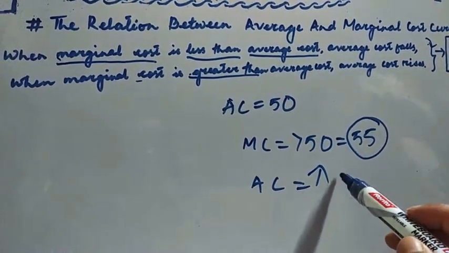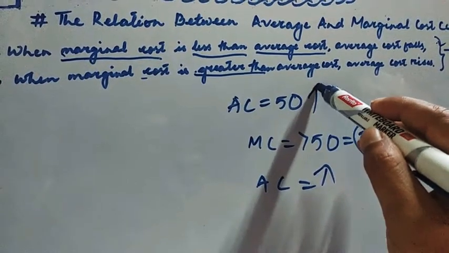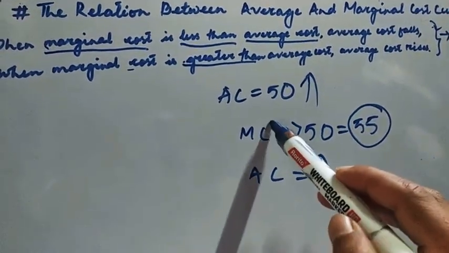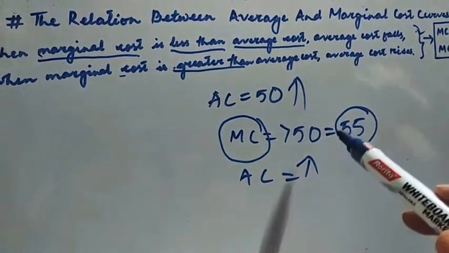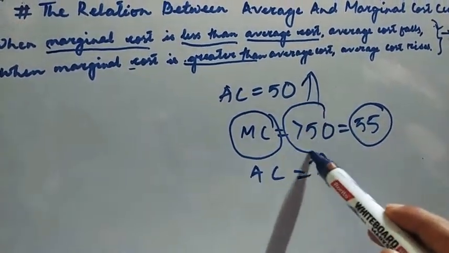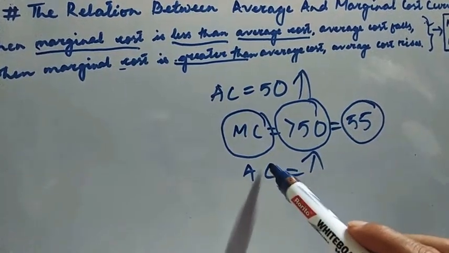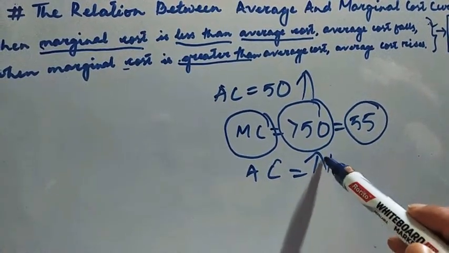His average will be greater than 50 because the additional score in his next innings is greater than 50. That is why his average will also rise.